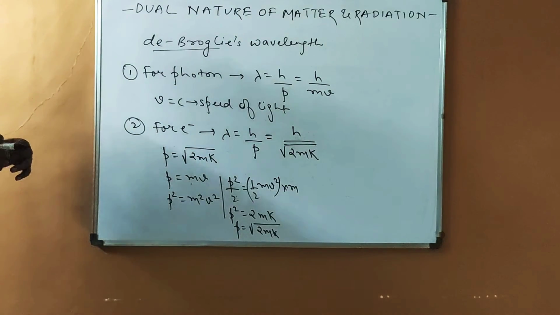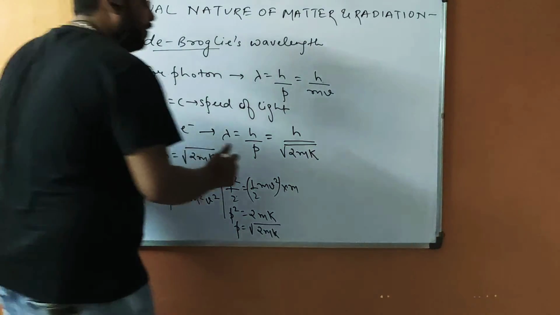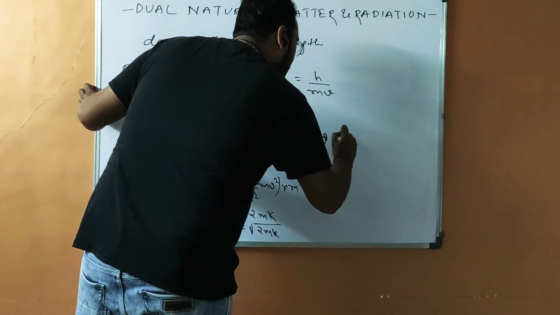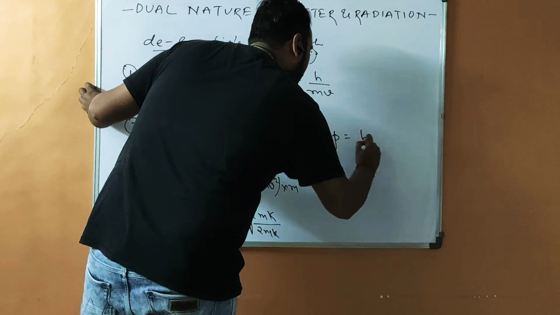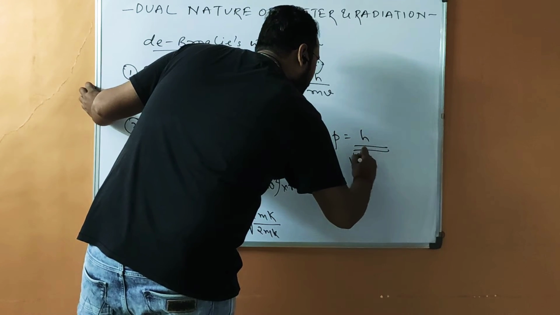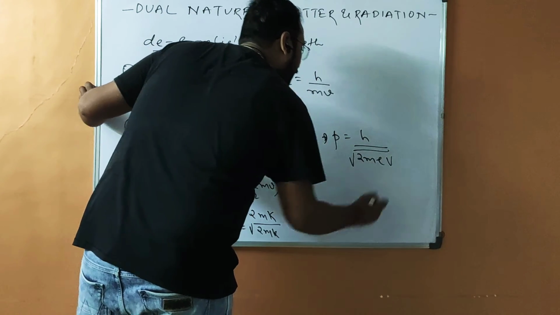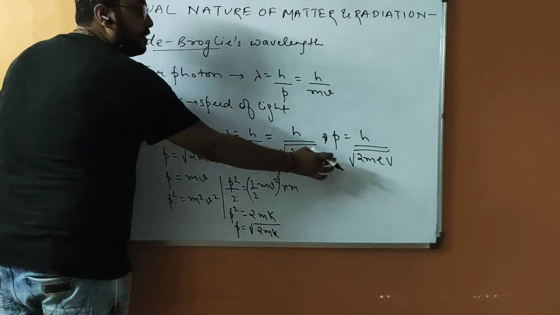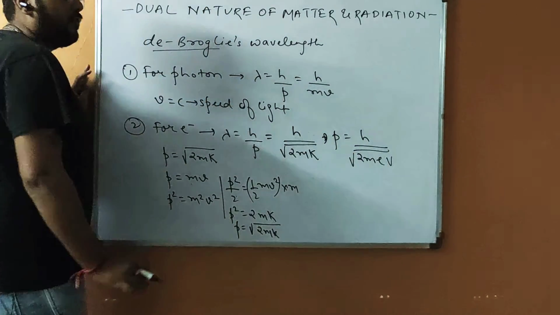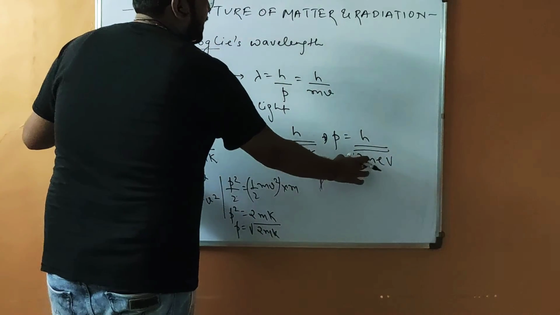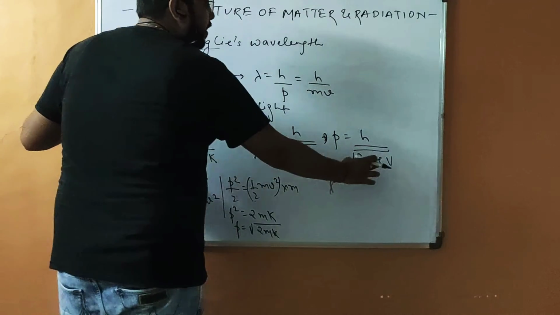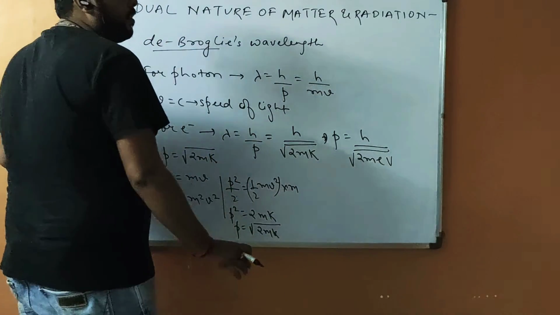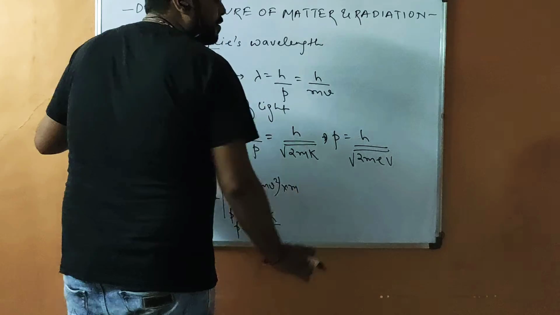If the electron is accelerating through a potential V, then in place of k, we can write e into V. Kinetic energy is equals to e into V. If you remember the formula, say the mass of the electron is constant, charge of an electron is constant, Planck's constant is constant.